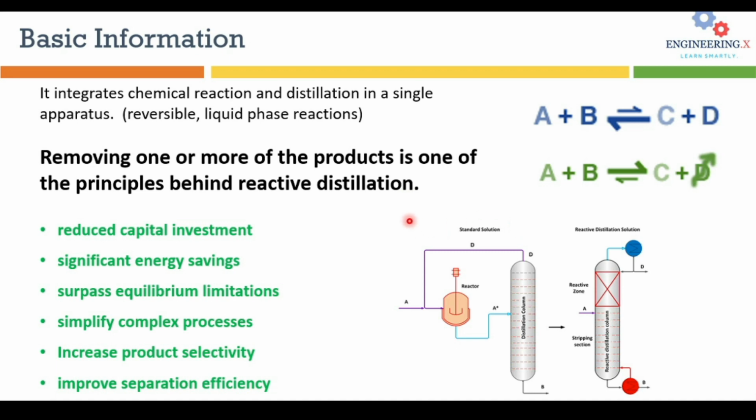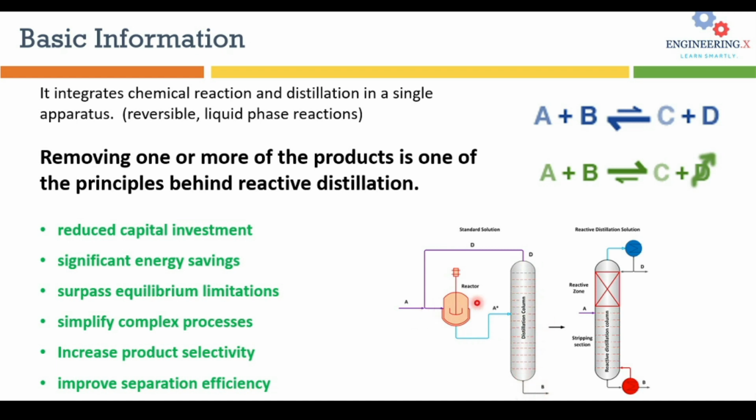The standard solution of this kind of problem is you have to install a separate reactor and then install a complete distillation column to recover the unreacted reactants and send them back for reaction to increase the overall conversion of the reaction.